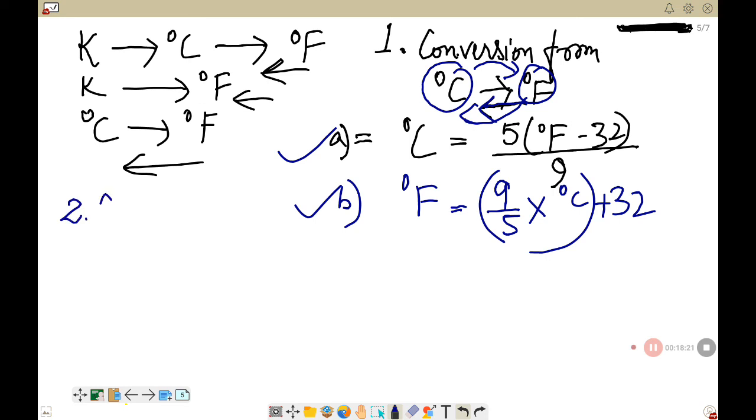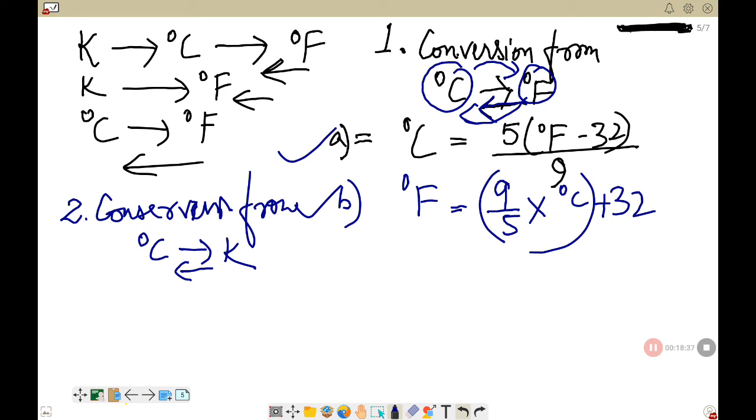Number 2, conversion from degree Celsius to Kelvin, and from Kelvin to degree Celsius. All right, so from degree Celsius to Kelvin, the formula is 273 plus the temperature in degree Celsius.